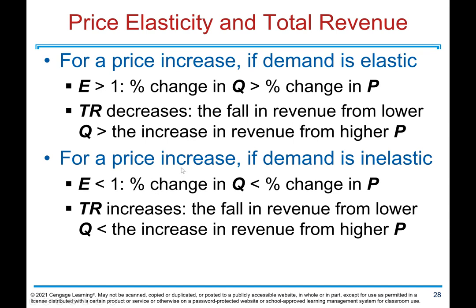For a price increase, if demand is inelastic, elasticity coefficient is less than 1, percentage change in quantity is less than percentage change in price. Total revenue increases. The fall in revenue from lower quantity is less than the increase in revenue from higher price.